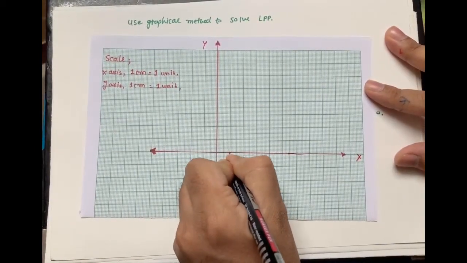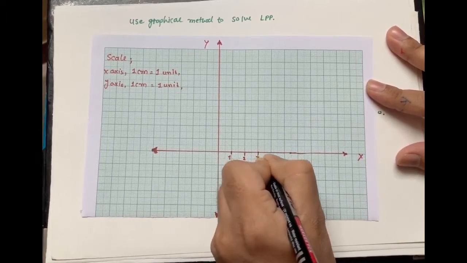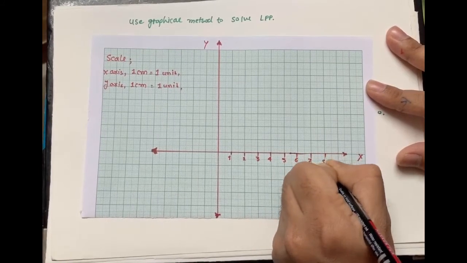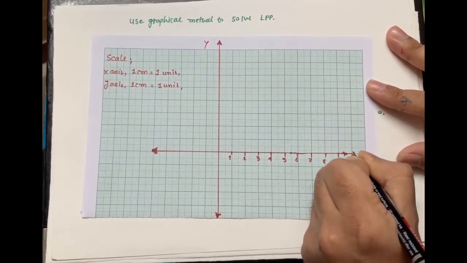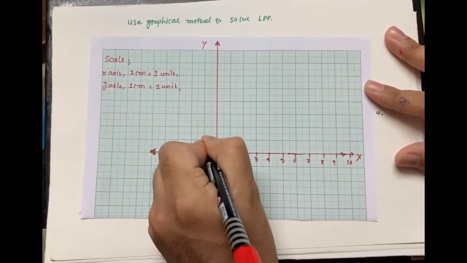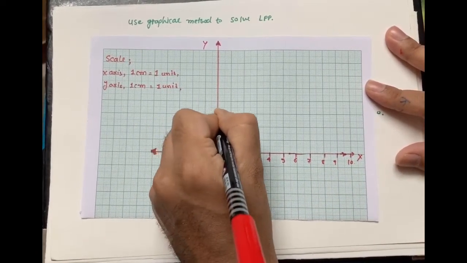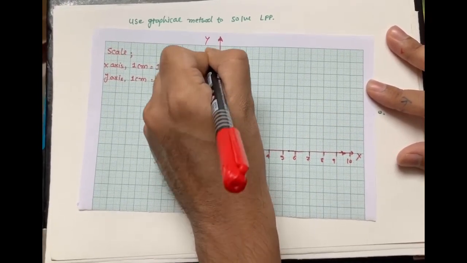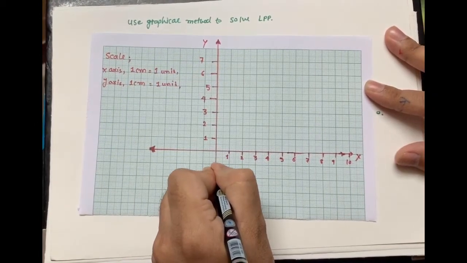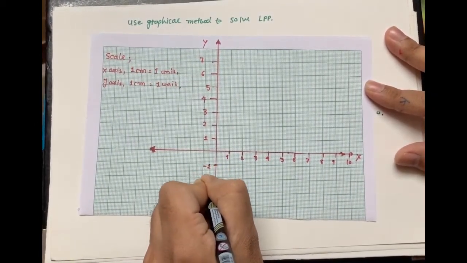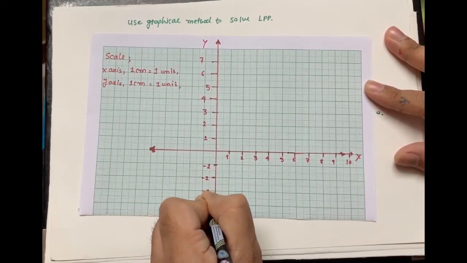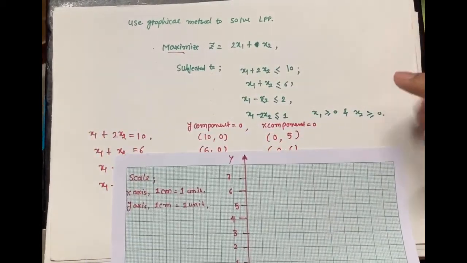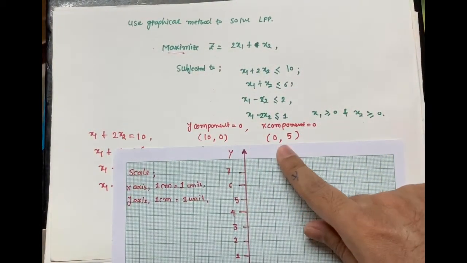1, 2, 3, 4, 5, 6, 7, 8, 9, and this is my 10. Likewise here 1, 2, 3, 4, 5, 6, 7. Here it is -1, -2, -3. See, for the first line the points are 10, 0 and 0, 5.